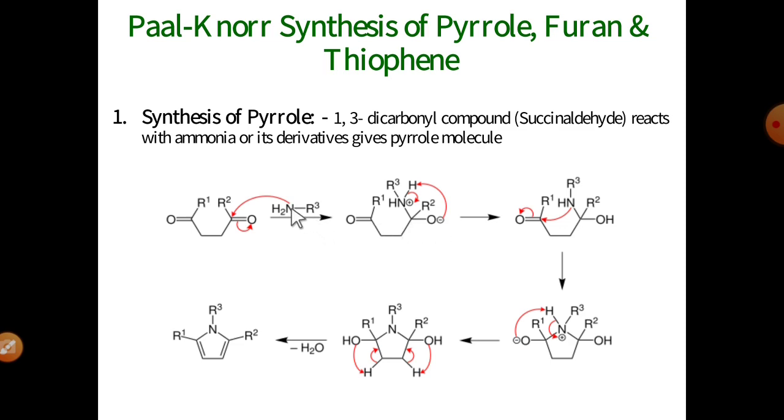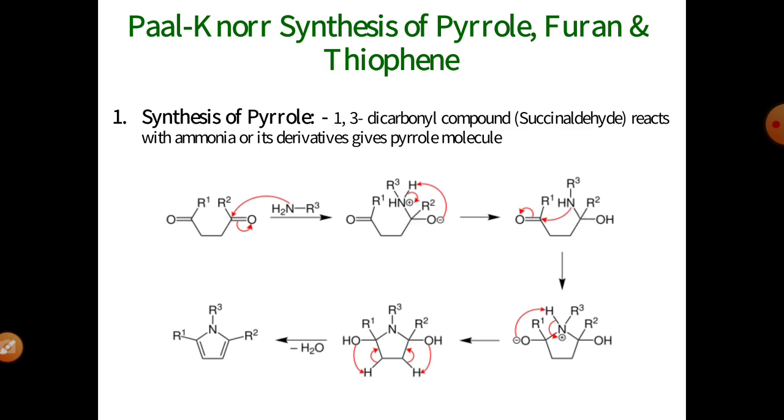The electron pair of nitrogen participates in bond formation, so by loss of the electron pair, nitrogen gains positive charge. Then there is a transfer of proton, O minus is converted into OH, and the shifting of the sigma electron pair towards the nitrogen means nitrogen with electron pair.